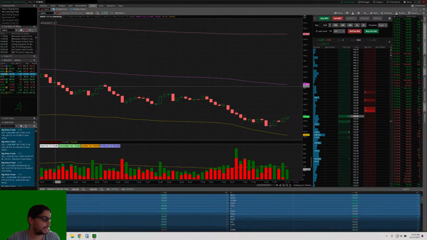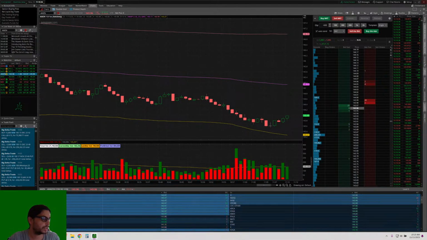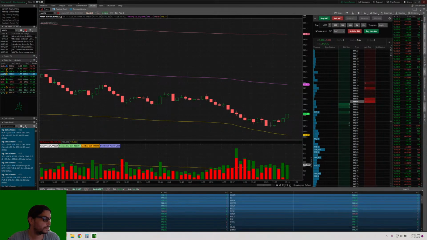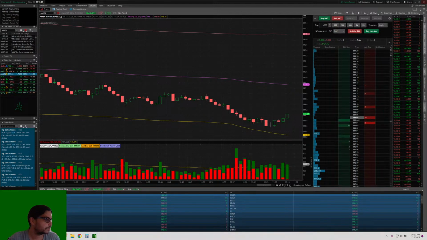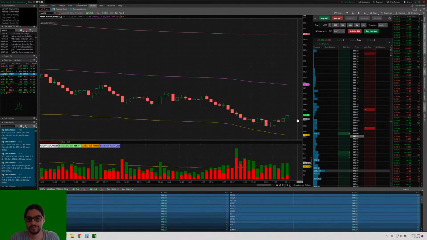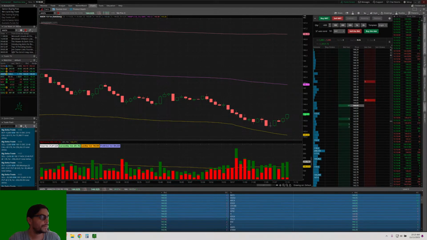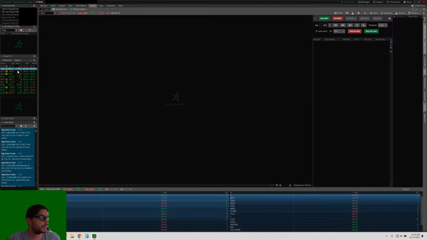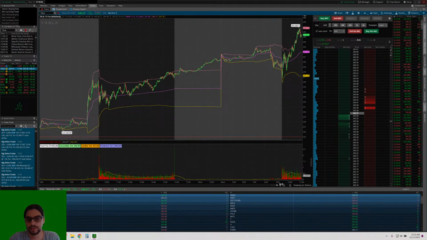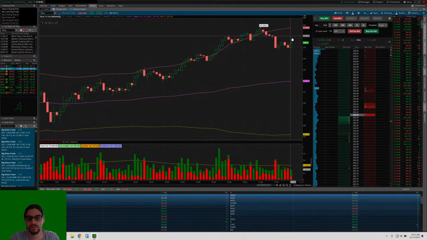We just got to figure out where we're going to start to go down here. Tesla looks like it wants to drop some more. That's definitely a good deviation from where it has been.